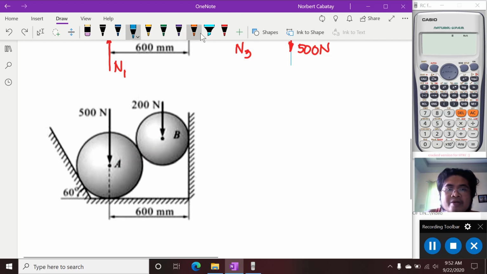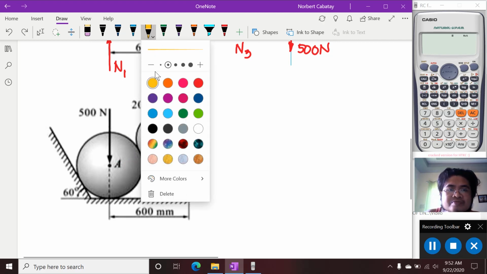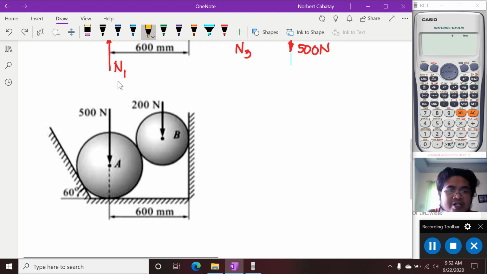Diba, mula dito sa A hanggang sa B, dapat ito yung line kung saan nag-a-act yung force, kung tutuusin. And do not assume na parehas siya nung angle nung kanina ditong N2. Maaaring magkaiba sila. So, hindi ko sinasabi magkaparehas, hindi ko sinasabi magkaiba. You have to solve for that.